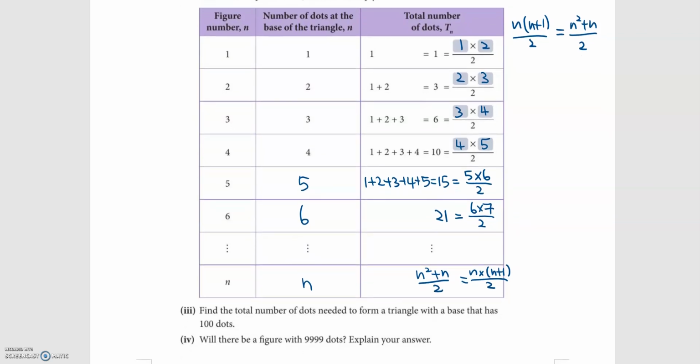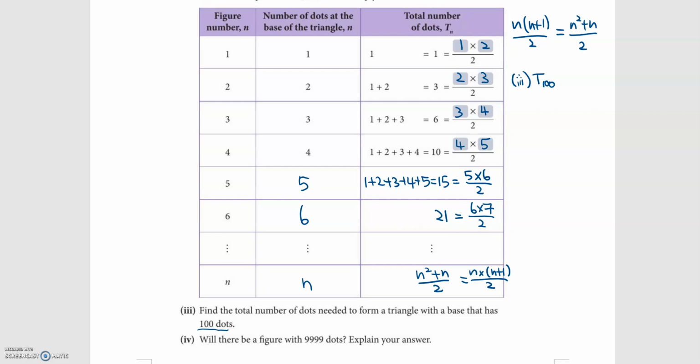Let's look at part 3. We need to find the total number of dots needed to form a triangle with a base that has 100 dots. So basically, we are trying to find Tn. So T100, because that would form 100 dots at the base.